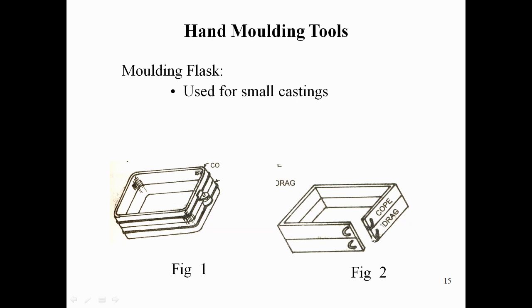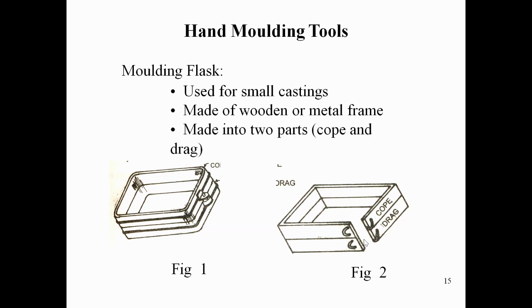With the help of a lock pin we join the two edges of the cope and drag boxes. These are made of either metal frame or wood, in two parts, the cope and drag.